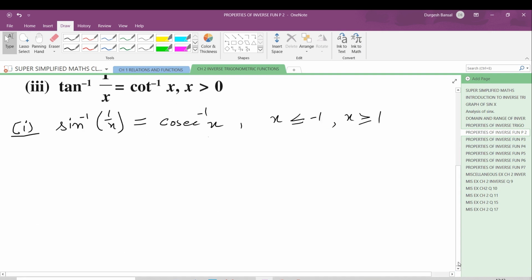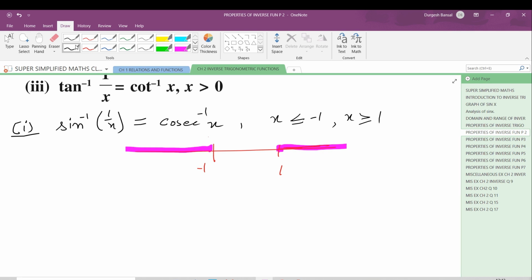Now, as this property says that x should be less than or equal to -1 or greater than or equal to 1, let us draw the real line. Say this is -1 and this is 1. That means x can lie either at 1 or more than 1, or at -1 or less than -1. You can see this pink portion where x can lie.